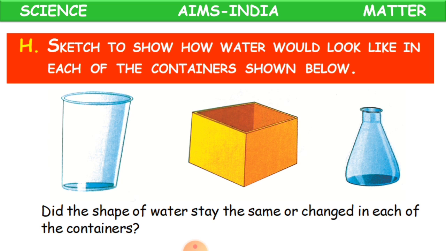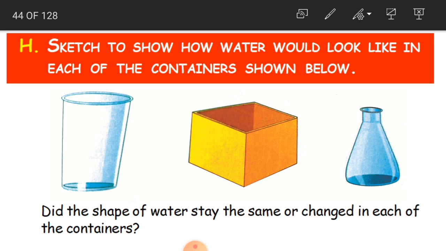Again here, sketch to show how water would look in each of the containers shown below. You just have to show the shape of the water in these types of containers: a glass, a rectangular container, and a beaker. Did the shape of water stay the same or change in each container?